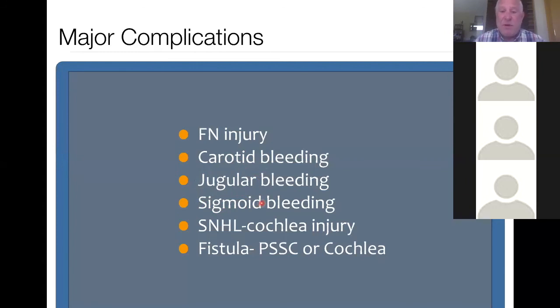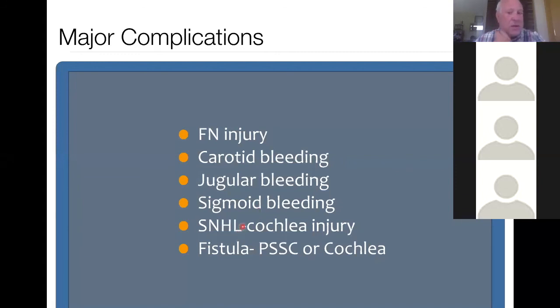And we've talked about this in the previous lecture I gave on iatrogenic complications. You have to know how to deal with these, whether you're going to use just adrenaline with cotton, or whether you're going to have to put bone wax or bone pate. You need to know how to deal with this.